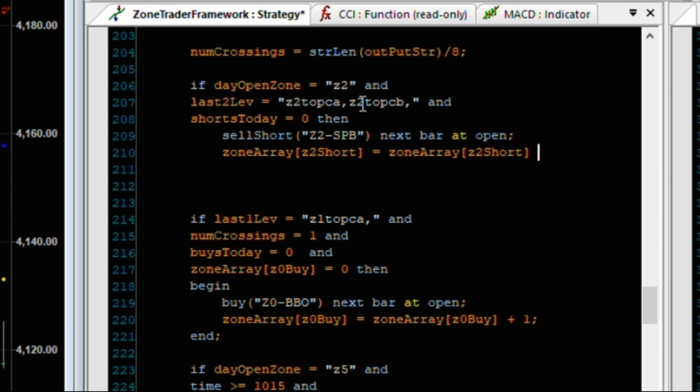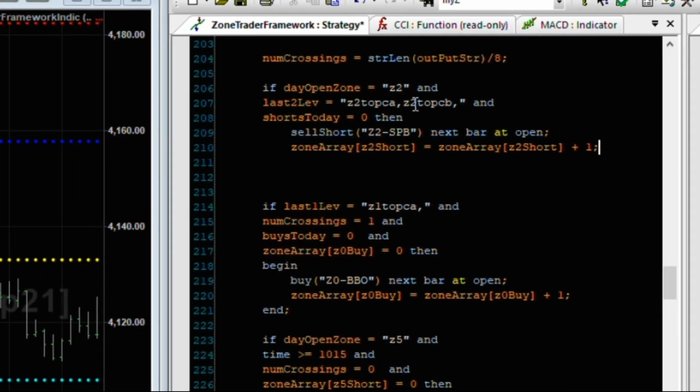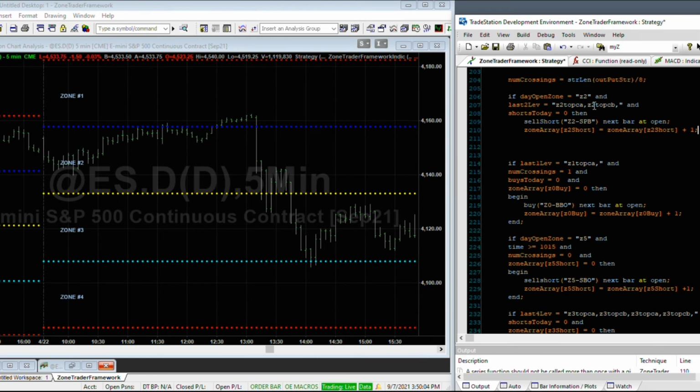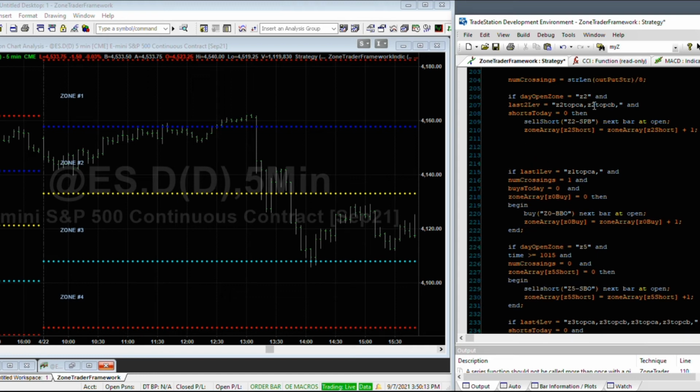I'm going to add a 1 to that, just to keep track of how many times I've shorted in zone 2. It's good to always do that, because in the long run you will want to know how many entries you've gone into each particular zone at the end of the day, if you were doing multiple entries or multiple filters. So what do we do? Is that it? Yeah, that's it. So we're done.